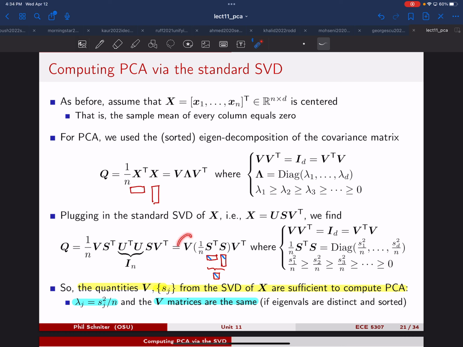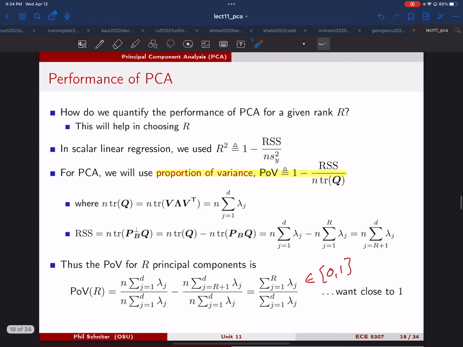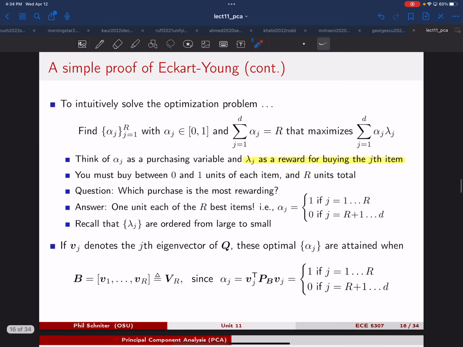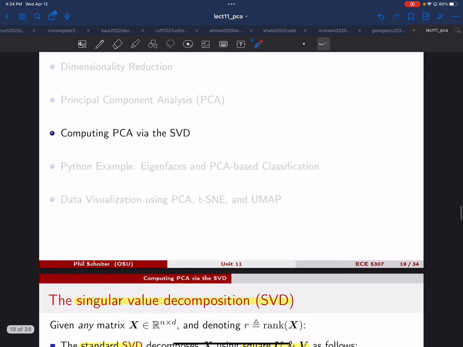We've computed the V matrix. What's the next step?